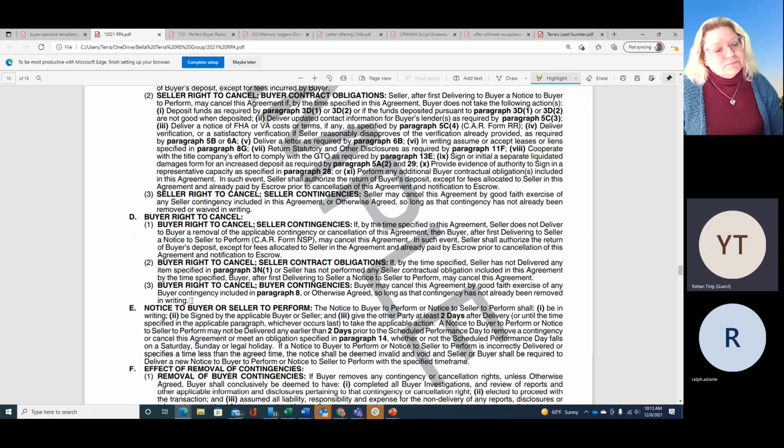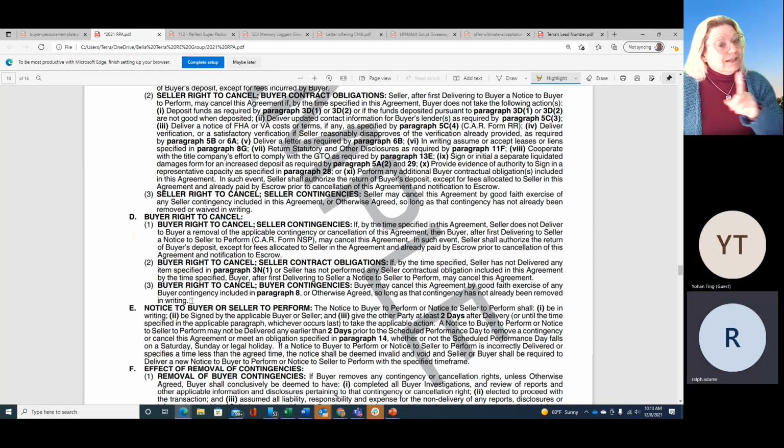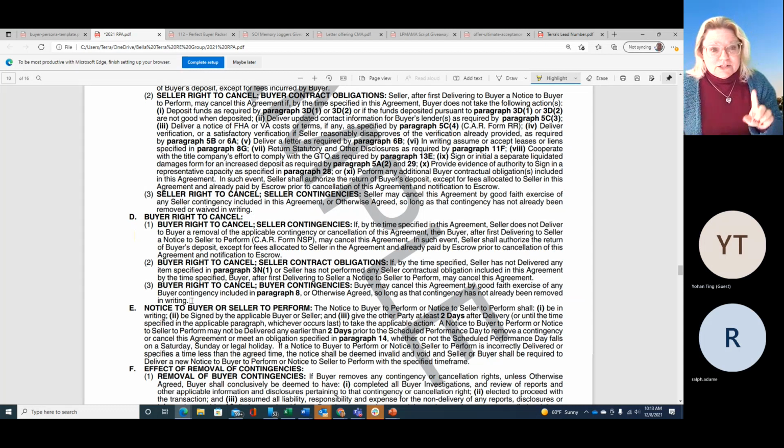So for example, in my case, if at the end of the escrow, the tenant doesn't move out, then we can use this D2 to cancel. Probably not at the end of escrow unless you make it a contingency of the sale or of the purchase.